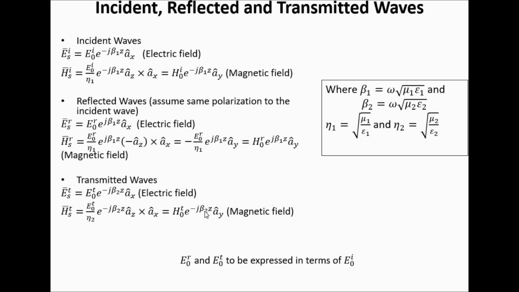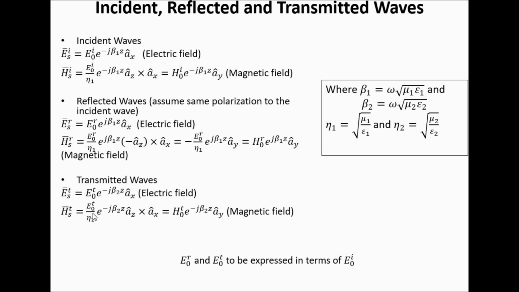This is in medium 2, beta 2. We are using beta 2 here because the transmitted wave is in medium 2, and medium 2 has phase constant beta 2. Medium 1 has phase constant beta 1, that is omega root mu 1 epsilon 1, and beta 2 is omega root mu 2 epsilon 2, and the impedance is eta 1 for medium 1 with mu 1 epsilon 1, and eta 2 for medium 2 with mu 2 epsilon 2.